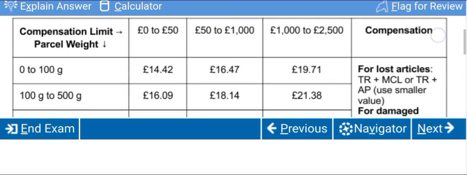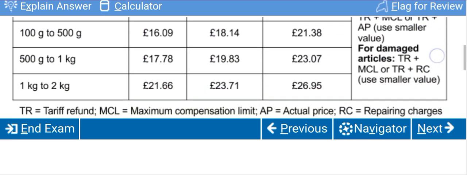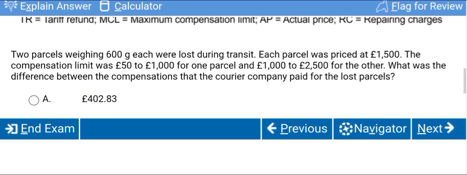Next we have again the same information in the table. The question is: 2 parcels weighing 600 grams each were lost during transit. Each parcel was priced at 1500 pounds. The compensation limit was 50 pounds to 1000 pounds for one parcel and 1000 to 2500 pounds for the other.